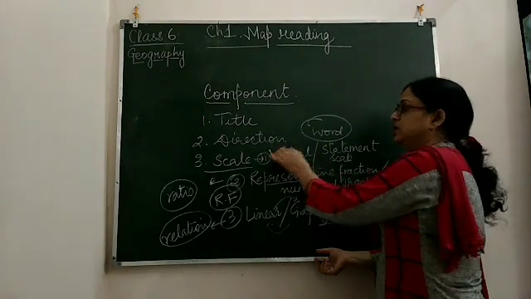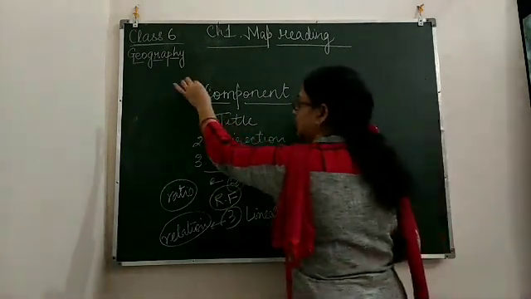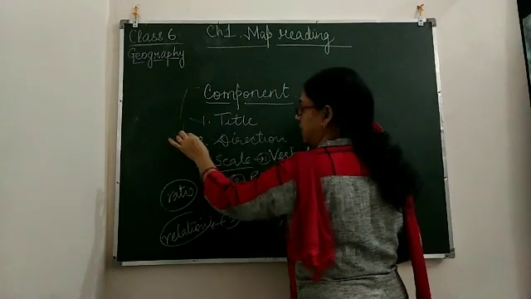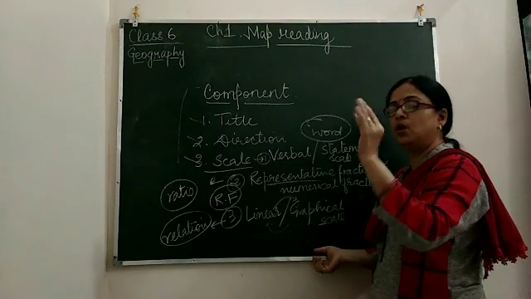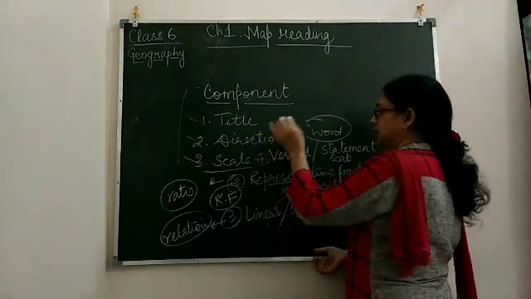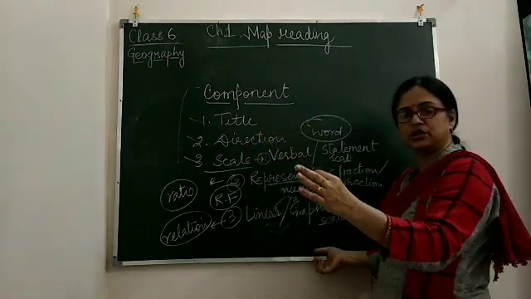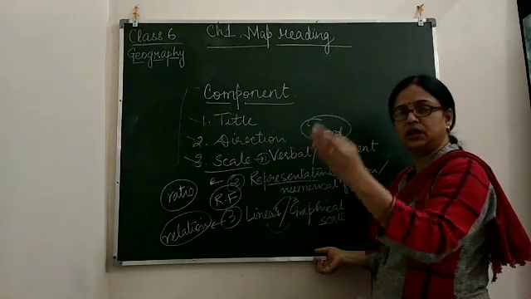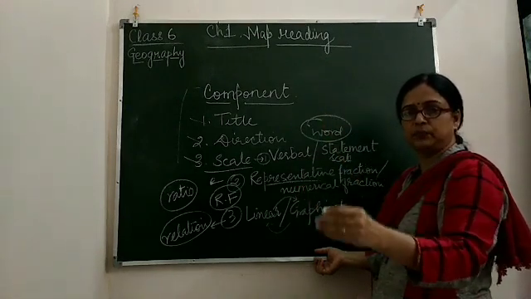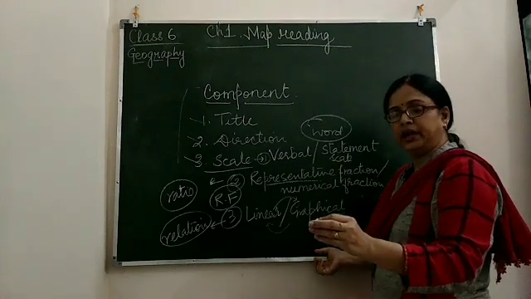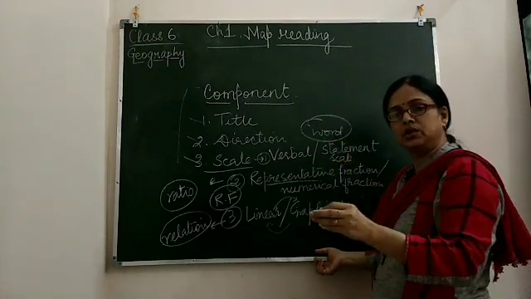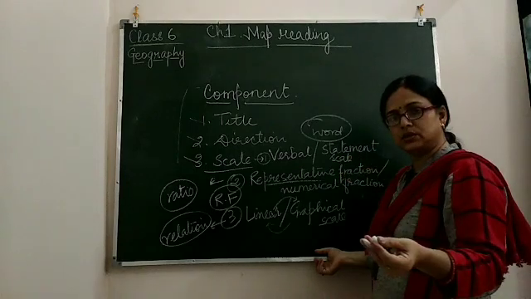So learn especially these components. What are the components? Title, direction, scale. There is no need to learn the definition; just keep in mind what each is. Direction: four cardinal points are there, east, west, north, south, and the further division is intermediate directions: northeast, southeast, northwest, southwest.